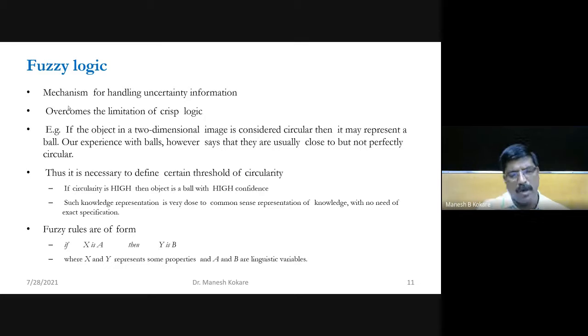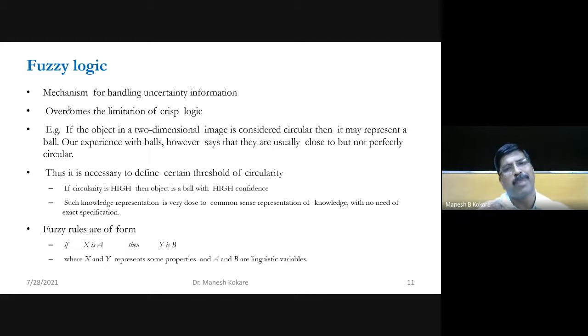Fuzzy logic was basically proposed by Professor Lotfi Zadeh, from the University of California, Berkeley, around the 1960s. He proposed that instead of crisp logic, we can use fuzzy logic where there will be infinite values of membership between 0 and 1.